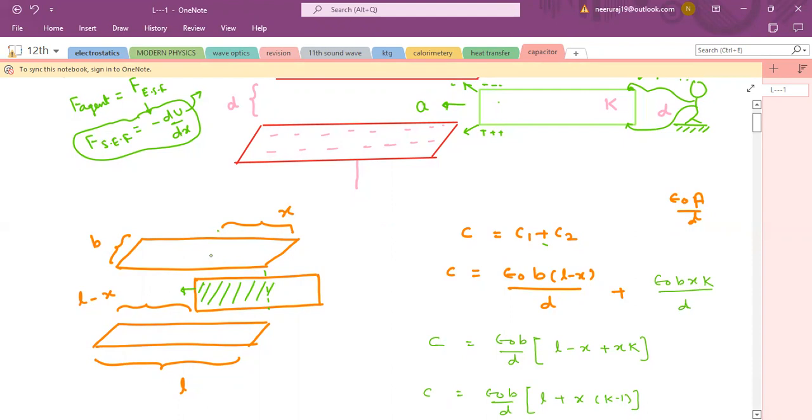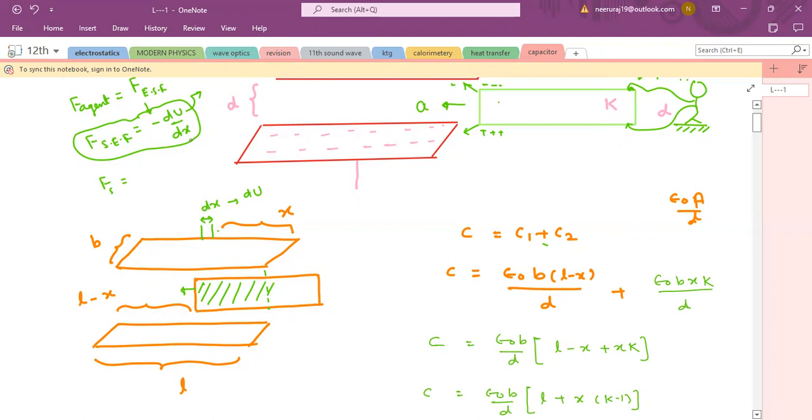Let us assume this slab moves a small distance dx, and at that time the change in potential energy of the system is dU. So you can say that the electrostatic force F is equal to -dU/dx. So my task is to find the potential energy as a function of x.